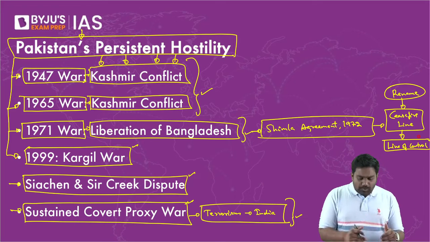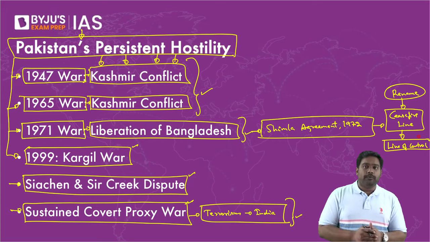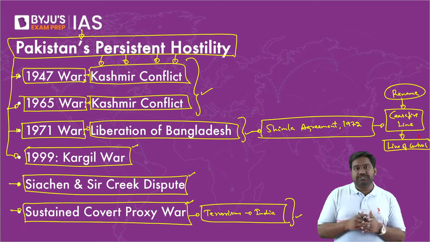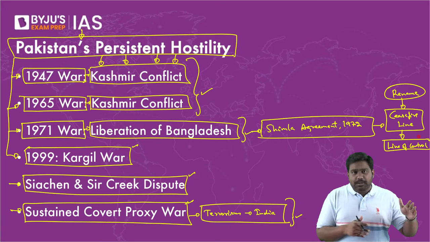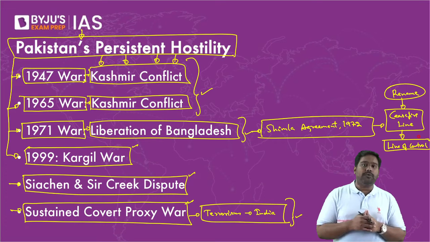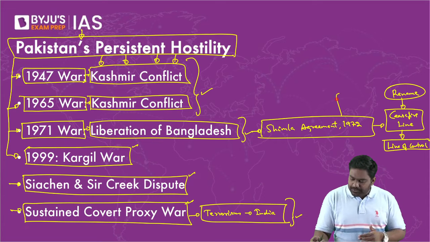We leveraged the opportunity of the liberation of Bangladesh war. We had conclusively defeated Pakistan, broken the country into two parts. We held 93,000 Pakistani soldiers as prisoners of war. Right? We had all the advantage. Using this advantage, we forced Pakistan to accept that we will resolve the Kashmir dispute or any dispute bilaterally.